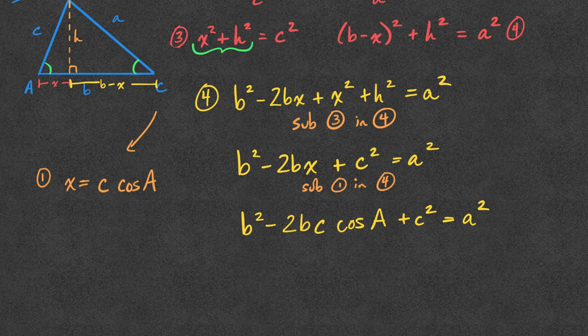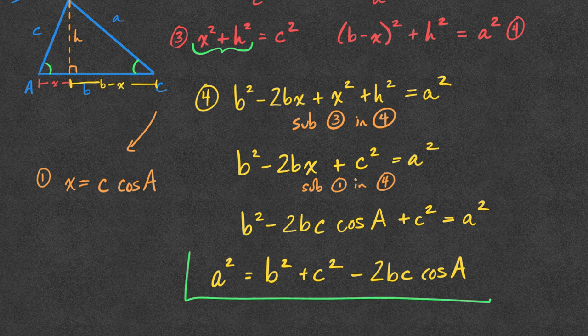Okay, here we go. I have my a squared on the one side of the equal sign. Nice. Now what I'm going to do is write my two squared terms together, my b squared plus my c squared. Nice. Now I'm going to finish off with my big ugly term, my minus 2bc cos A. That is your cosine law.